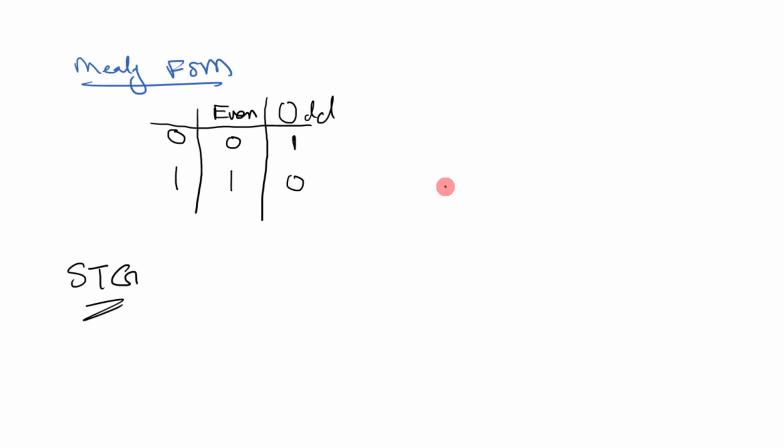Let's suppose you are in a state S0. This is your input, and let's suppose this S0 is representing a circuit that is checking even parity error. So if you apply 0, you remain here and your output is 0.